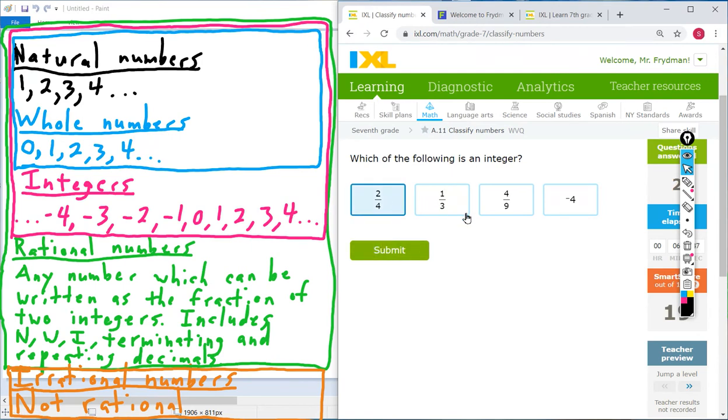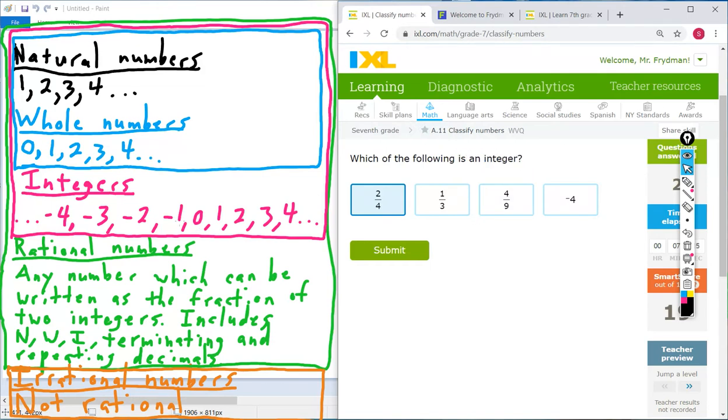So this is good. 1 over 3 is also the fraction of two integers. 1 is an integer, and 3 is an integer. So this is good. I apologize, I thought this was asking me about rational numbers. I got confused for a second. Oh, I'm so sorry. Please ignore what I just said there.